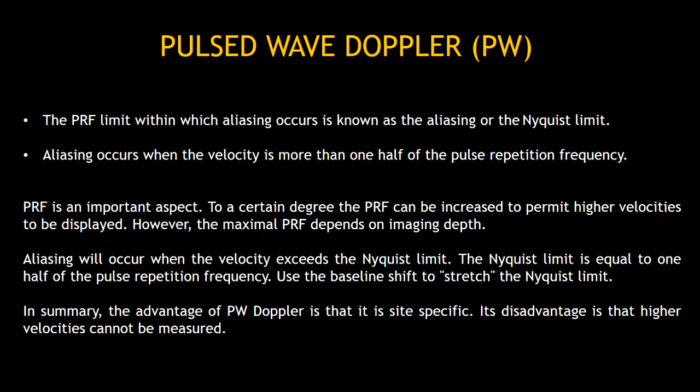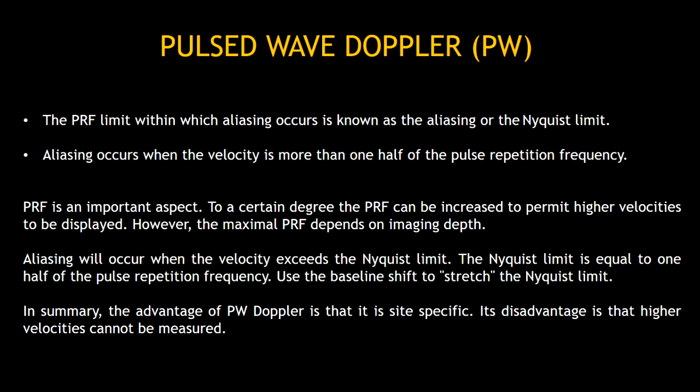Pulse repetition frequency is an important aspect. To a certain degree, the pulse repetition frequency can be increased to permit higher velocities to be displayed. However, the maximal pulse repetition frequency depends on imaging depth.